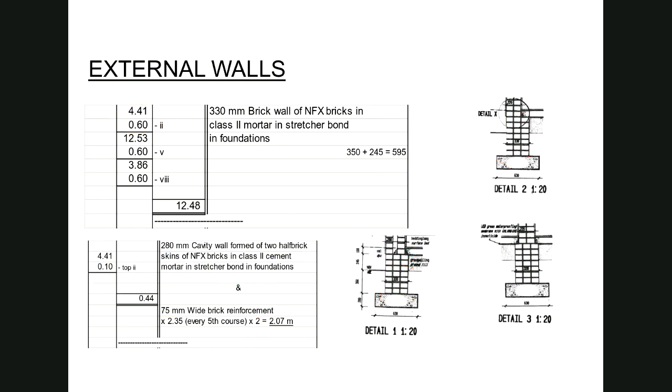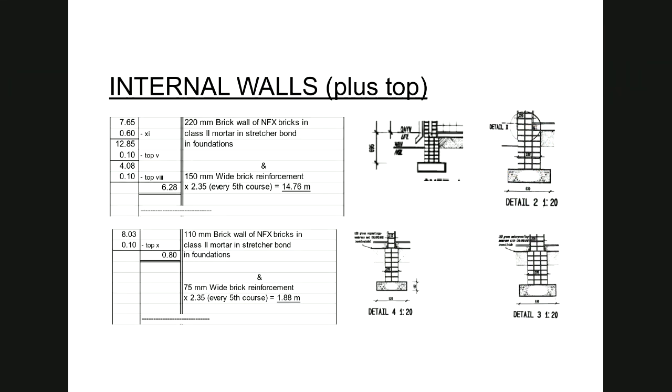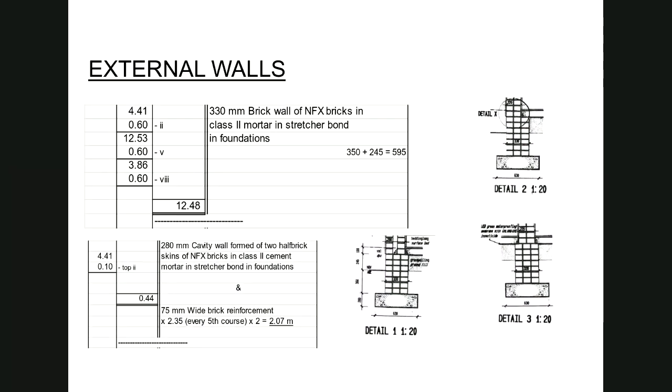So I can move on to the next brickwork. And here now, sorry, let me just go back to the previous details. What I now want to emphasize over here is for detail 2 and 3, you have 220 millimeter wall for the 100 millimeter high, and also 220 millimeter wall for the 100 millimeter high on detail 3.